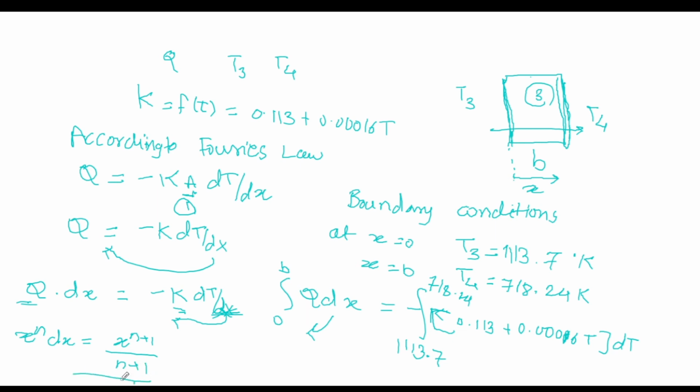This is the standard formula. Here we can write dx as x raised to 0 into dx. X raised to 0 is always 1. Substituting n as 0, we get x raised to 0 plus 1 divided by 0 plus 1, so it becomes x upon 1.